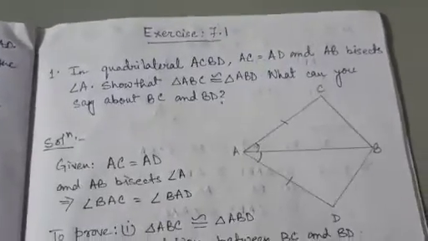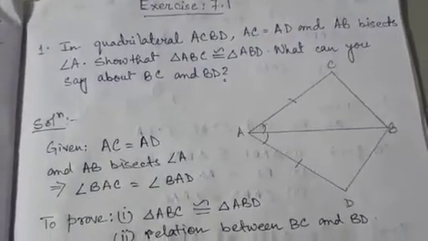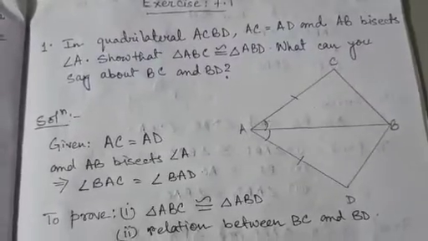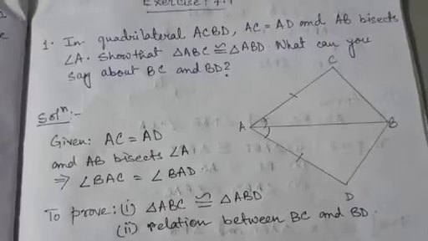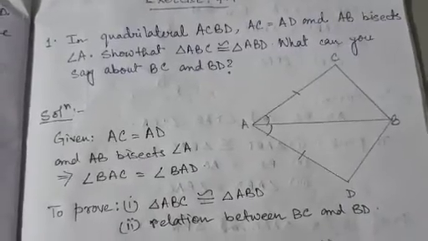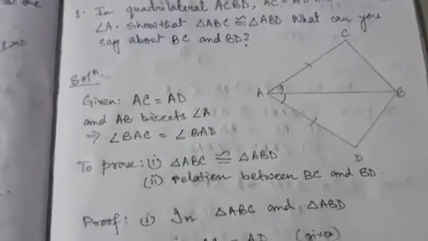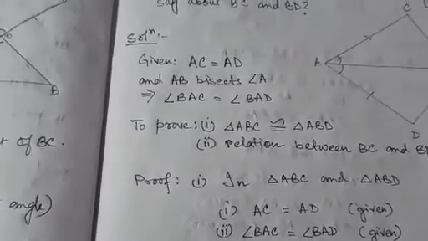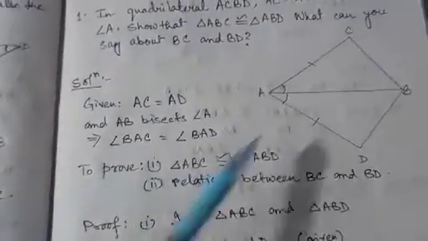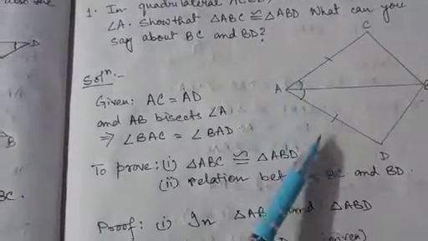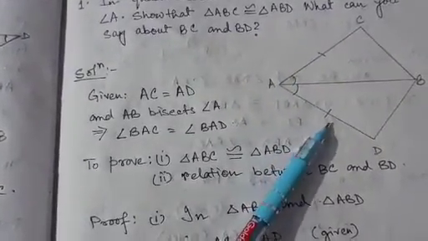So here is the diagram that you can see, and all the things that are equal are marked. The sides are marked as well as the angle. Now first we will write the given. Given is AC is equal to BD, that is, AC this side and BD this side are equal.